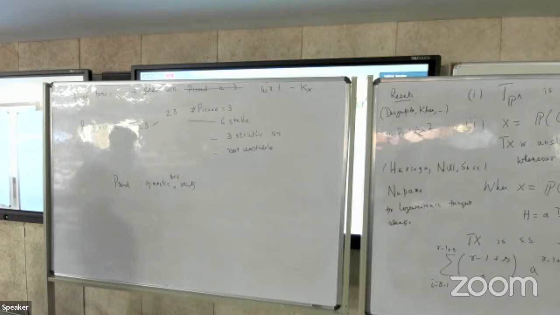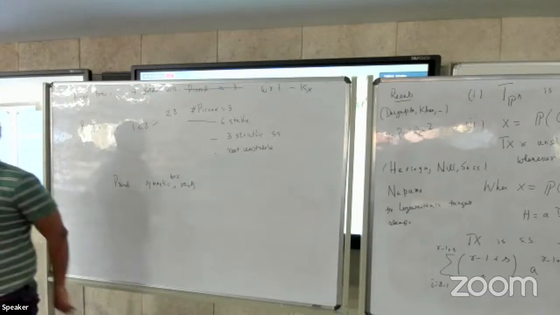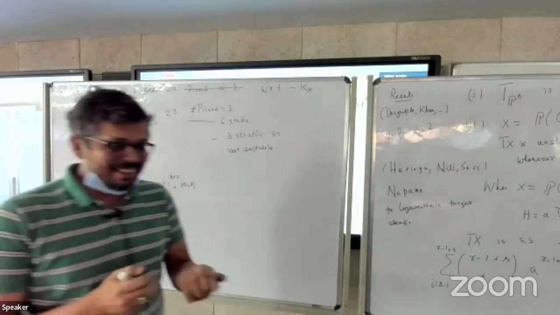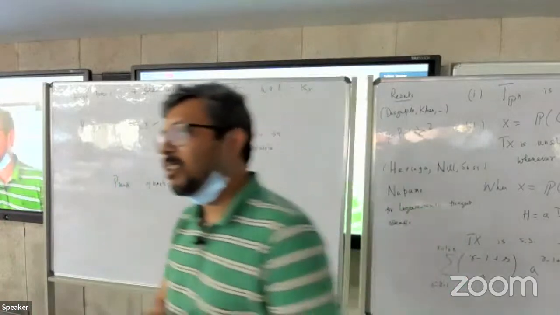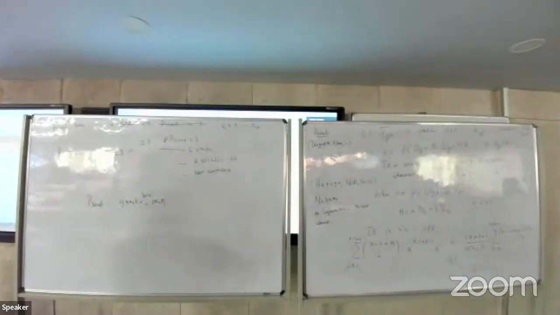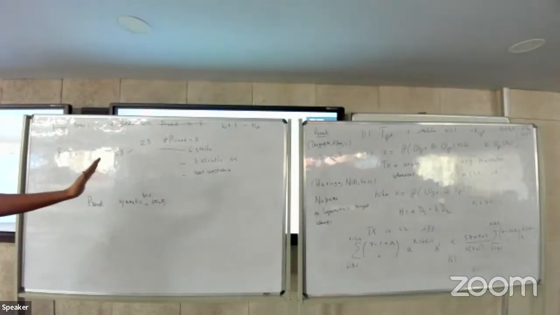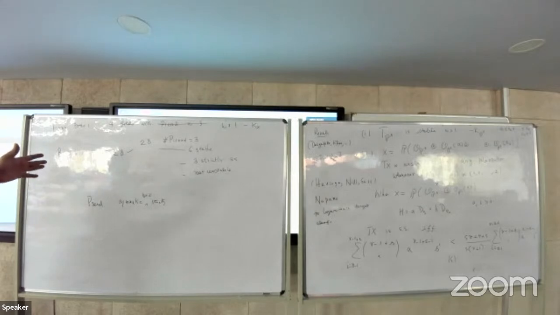Just how much time do I have? Not much. Over. Okay. Just one word, because in the abstract I said I will talk about principal bundles. For principal bundles we also prove that equivariant stability and equivariant semi-stability are the same.